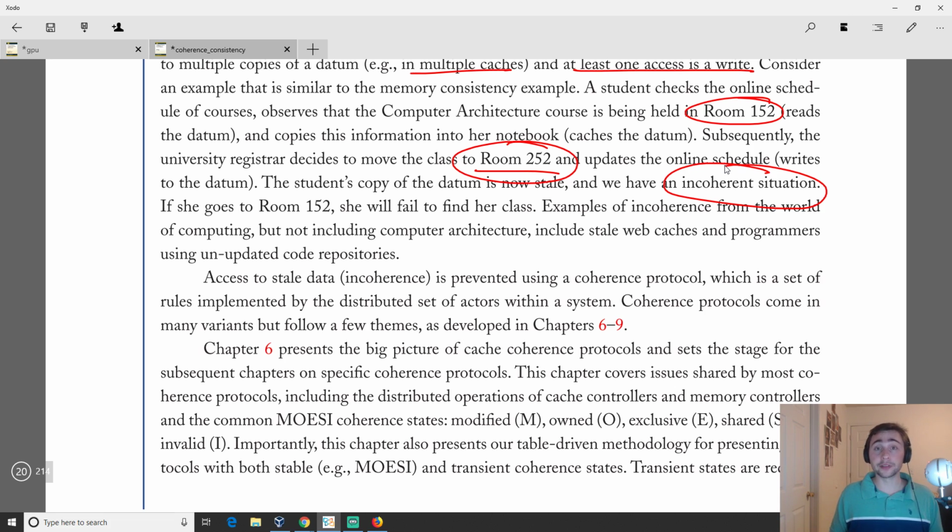Now let's say that one of the threads writes to A, and maybe that just gets stored in the cache. But the other thread still sees A as being the exact same value that it read. So there's a problem here, because one thread has a view of memory that's different than another thread. And so that's this incoherent situation.